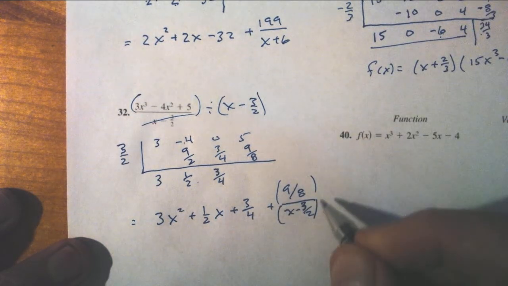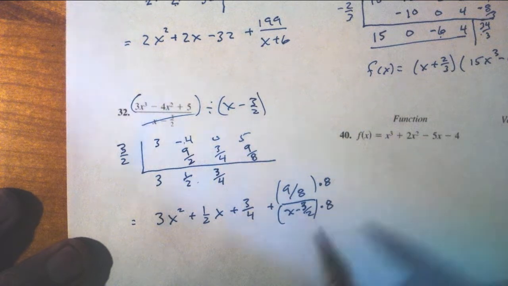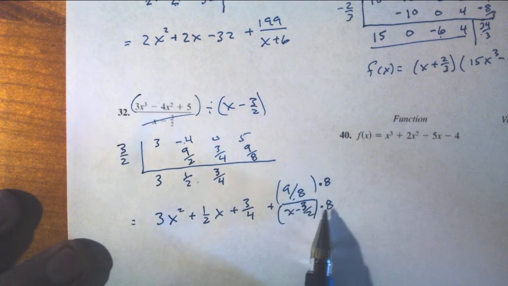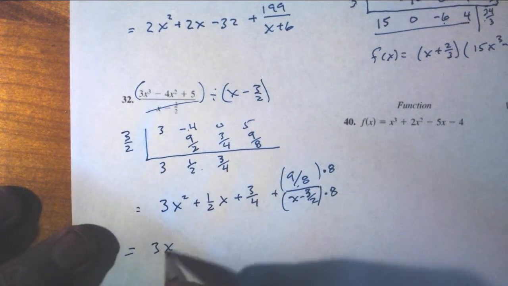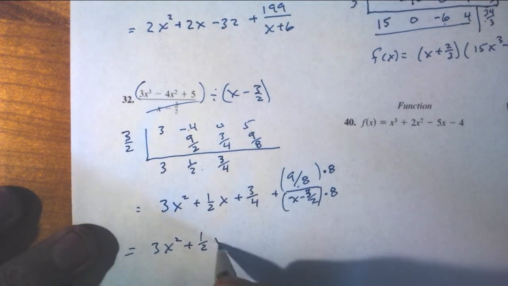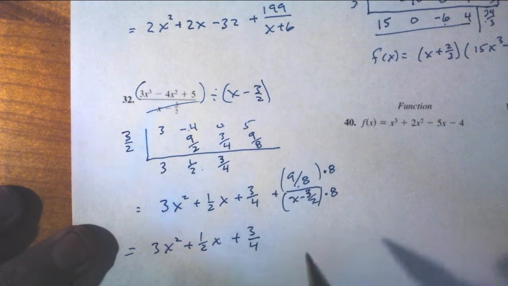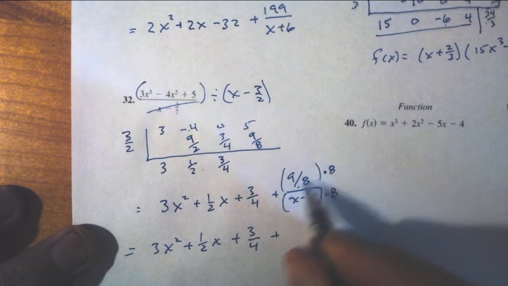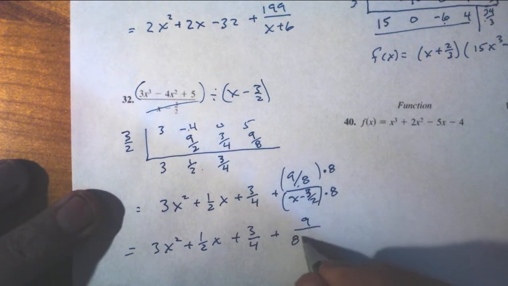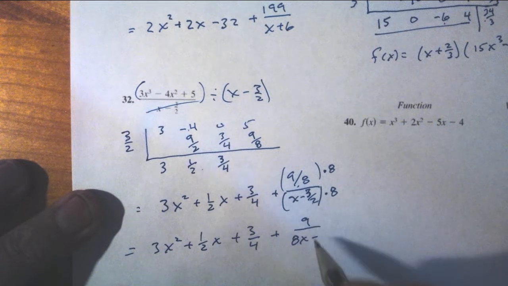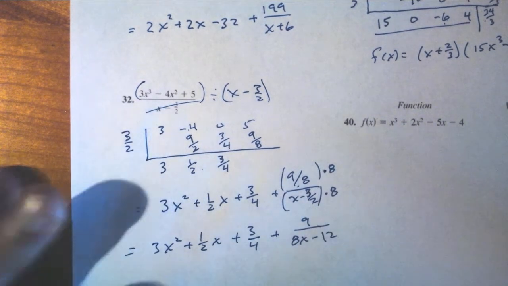Top and bottom, if I multiply the top and bottom by 8, I'll clean up this 9/8. I'll clean up that fraction here. So I end up with 3x squared plus 1/2 x plus 3/4, and let's see, I get plus 9 on 8 times x minus 8 divided by 2, 4 times 3, 12.